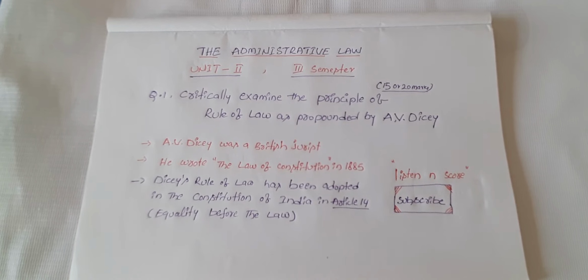Number seven, protection of human rights. Basically, rule of law is aimed to protect human rights, bodily integrity, privacy, and personality from the executive.